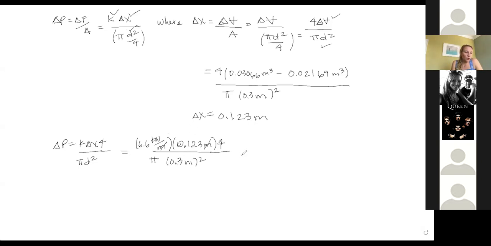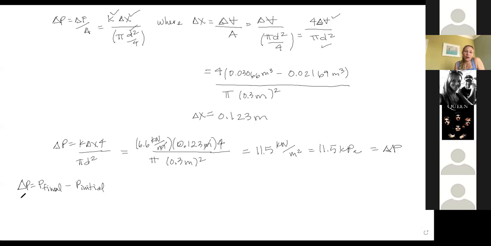So when we solve all this out, I get 11.5 kilonewtons per meter squared, or 11.5 kilopascal as our change in pressure. I guess I don't need to box that, but I feel like we did a lot of work to get there. All right, so our change in pressure is equal to our pressure final minus our pressure initial.